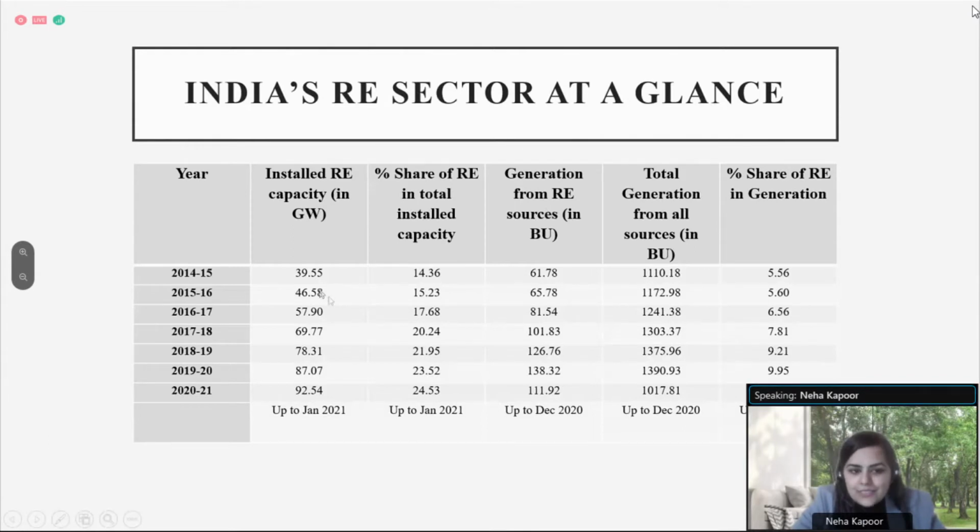These are the statistics we have come across in the last few years, and we are looking forward to improving in the coming time as well. We are trying to shift.